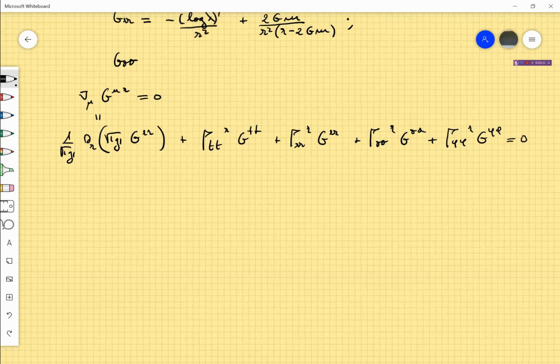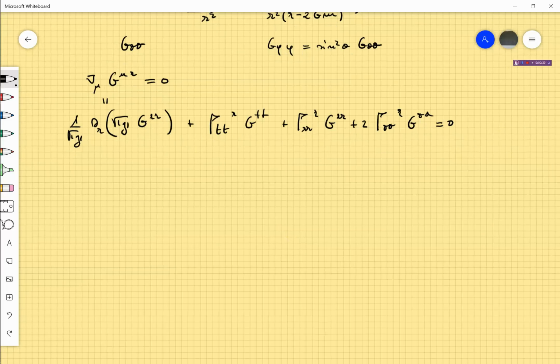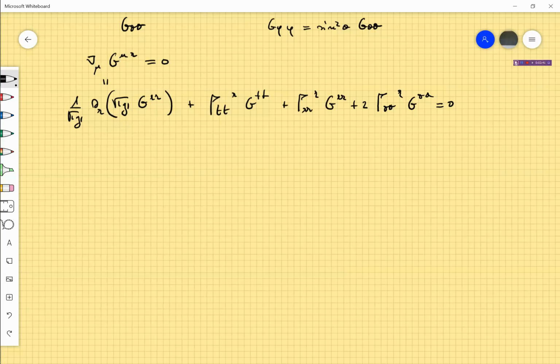However, you know that g phi phi is related to g theta theta like this, and if you use the relation between this component and this component of the connection, you will find that the last two terms combine just with a factor of 2. It is not really very important that they combine in this way. The only thing is that you have g theta theta and some factor. The result is that if you read this equation, if you know gtt and grr, you know g theta theta.